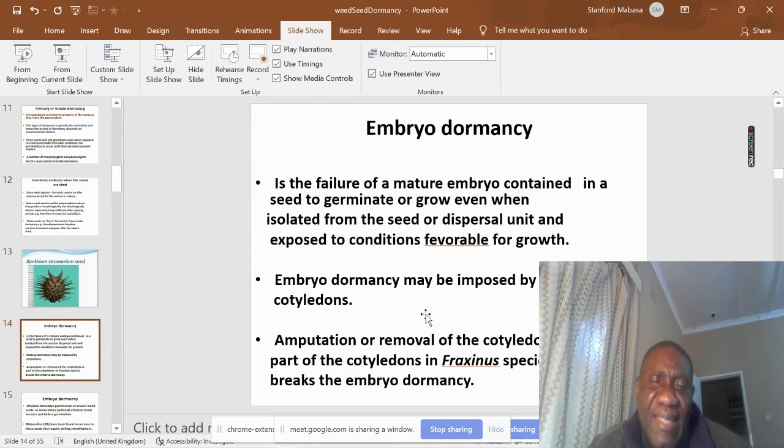Then the seed will break dormancy and germinate, like this plant, Fraxinus species. But some of our weed seeds, which we have in Zimbabwe, could have this type of dormancy. Probably we just need to make some investigations or to study dormancy in some of these weed seeds.